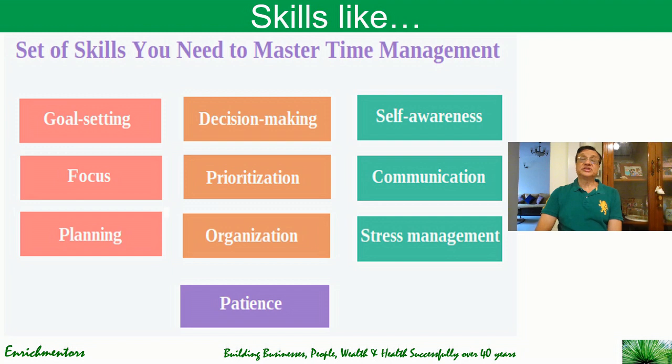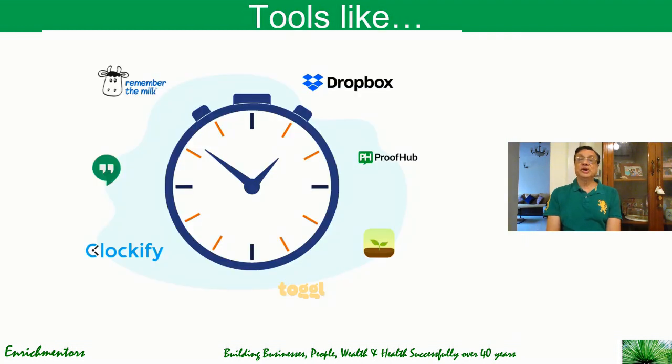Then there are tools, and some of them come in the form of apps or tools available on the web, like Dropbox, Clockify, etc., that you see. And these tools can help you do things more efficiently and effectively. I remember for many, many years back when email started, before that we used to write down memos and post them, and they used to take so much more time.